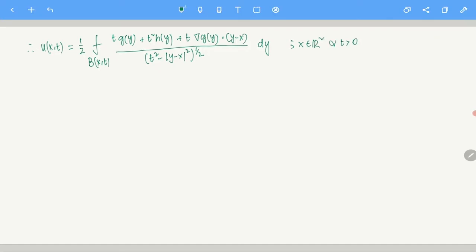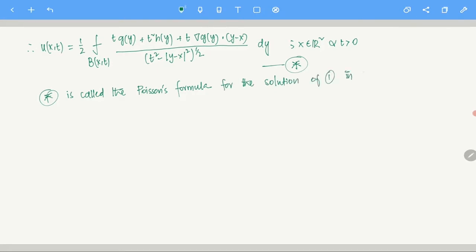This formula, let's call it star. Star is called the Poisson formula for the solution of the wave equation in two dimensions.